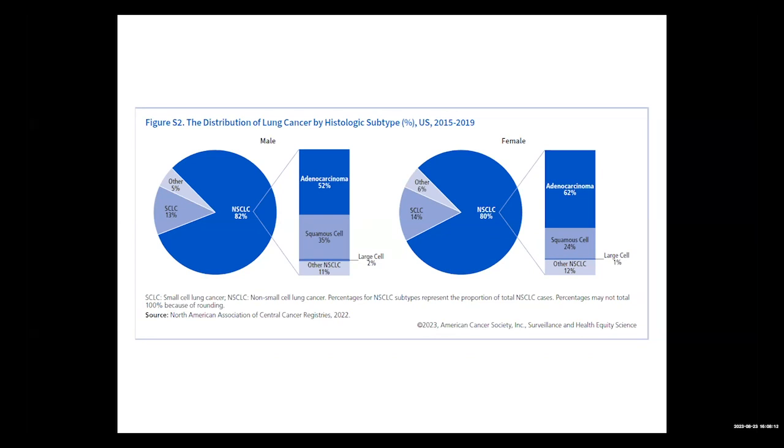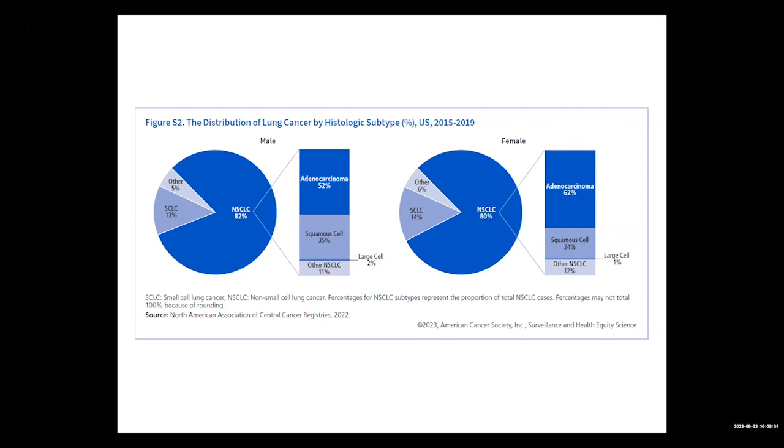Histopathology is an analysis done by a specialist doctor called a pathologist. He looks at the tissue and tries to make out what type of lung cancer. There are many types of lung cancer, and the commonest we see in Uganda is an adenocarcinoma.